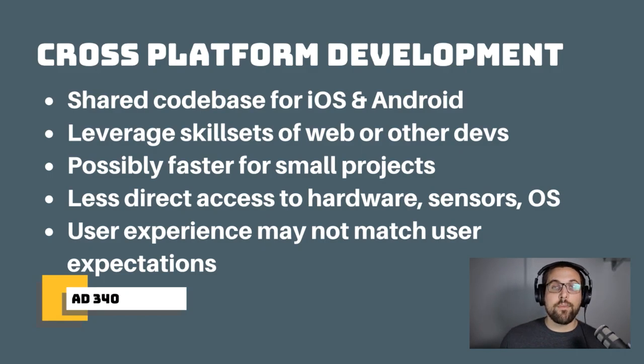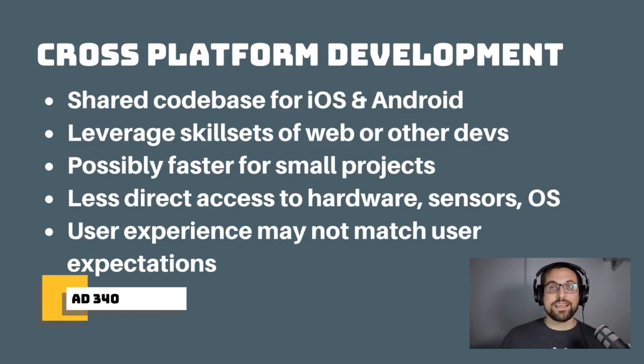One of the drawbacks to cross-platform applications is that you have less direct access to the hardware and sensors. Usually cross-platform sits on the native code. So you might have the hardware right here at the bottom, followed by the native operating system, so maybe Android, and then you might have something like Flutter that sits on top of that. So it adds another layer, and each layer you add abstracts things and makes it more difficult to get to that low-level performance and sensors and all of that.